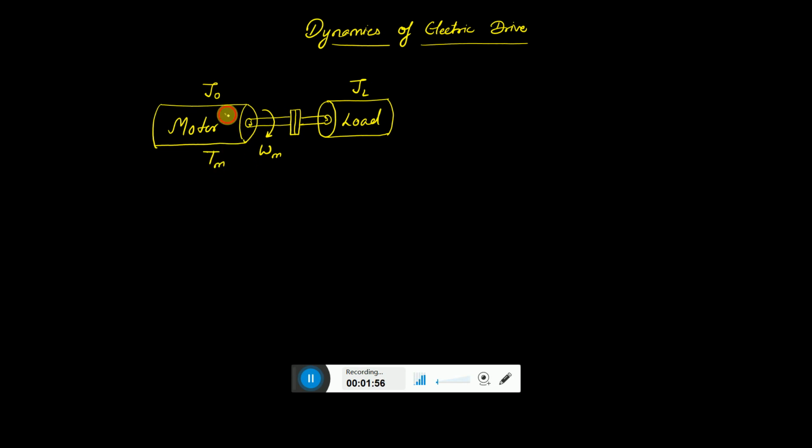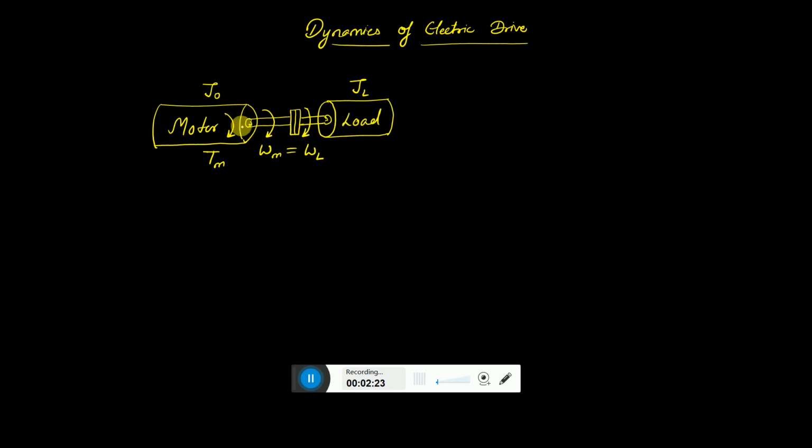The direction of the electromagnetic torque Tm is the same as the direction of the rotation omega m. And there is a straight coupling between the motor and the load, so the load will also rotate in the clockwise direction at the same speed, so omega L and omega m are equal.